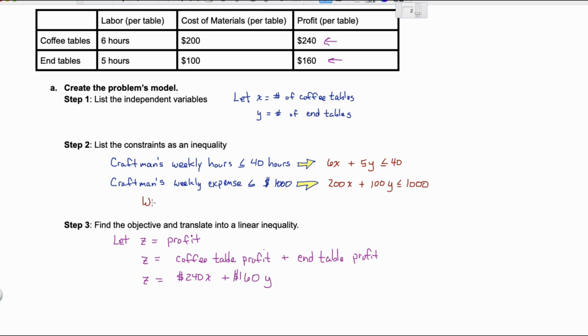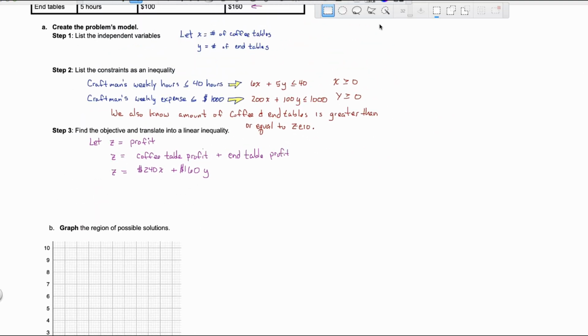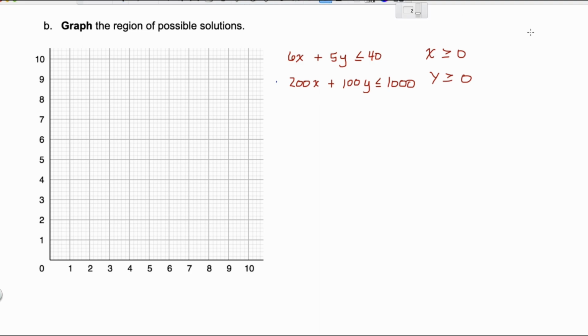We also know that he is going to make greater than or equal to 0 of each, right? He's not going to have a negative coffee table or end table. So we're going to add those 2 inequalities. So we know that we're going to be working in quadrant 1, basically.